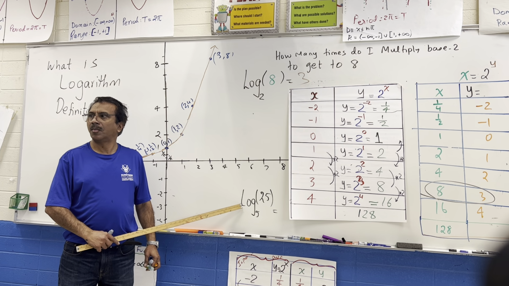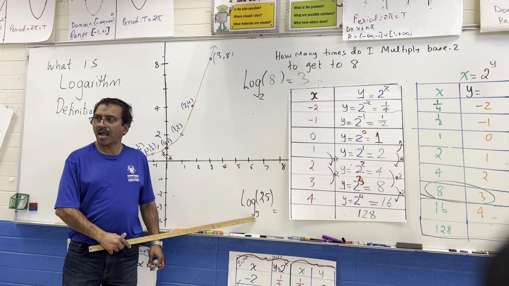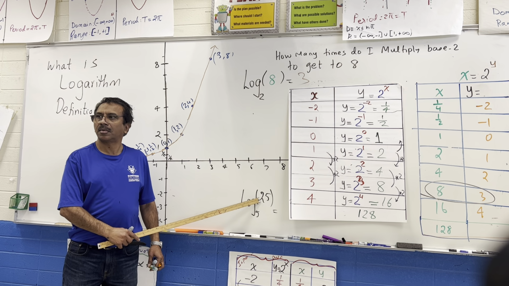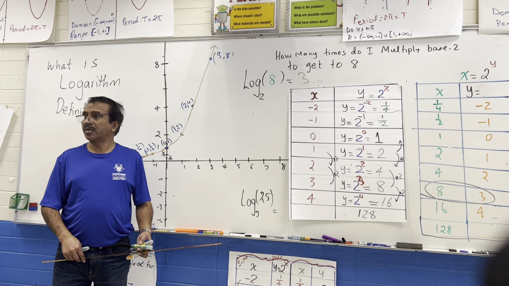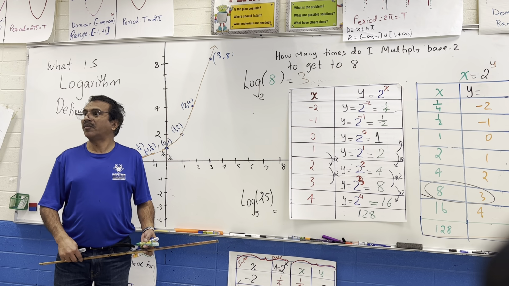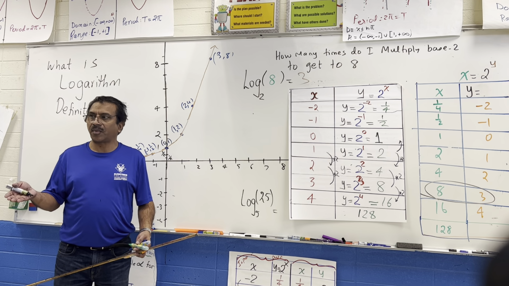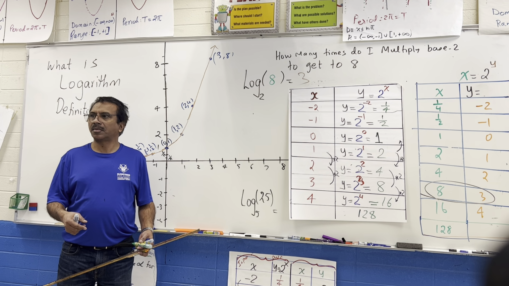How many times do you multiply 5 to get back to 25? So how many times do you multiply 5? 5 times? No, my question is, 5 times 5 is 25, but how many 5s did you multiply?